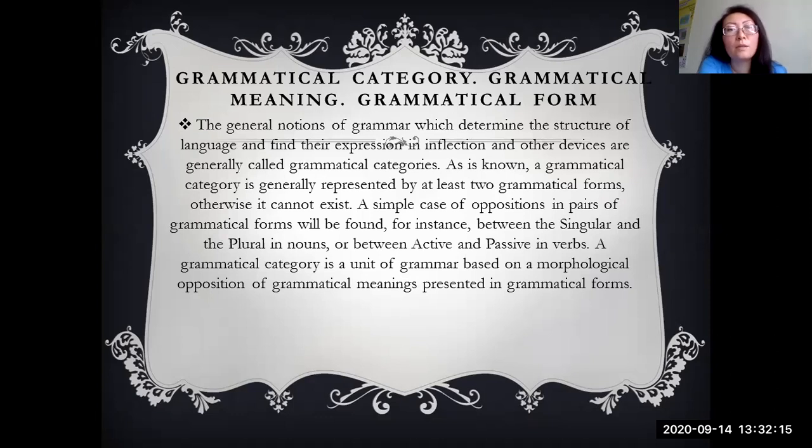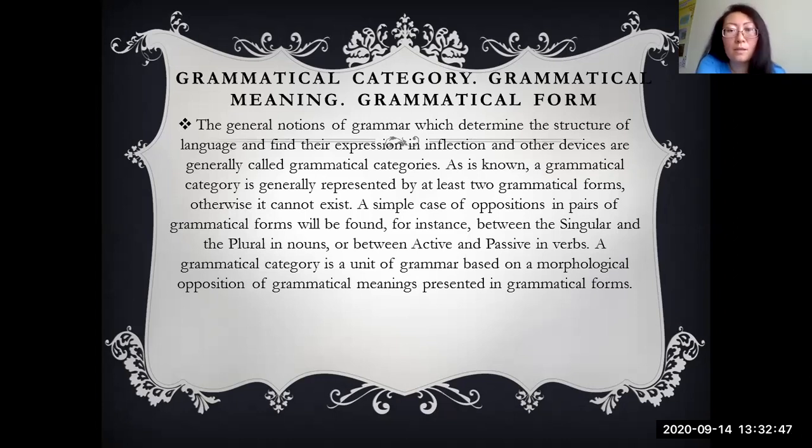Okay, so let's find out what is grammatical category, grammatical meaning, and grammatical form. The general notions of grammar, which determine the structure of language and find their expression in inflection and other devices, are generally called grammatical categories. As is known, a grammatical category is generally represented by at least two grammatical forms.